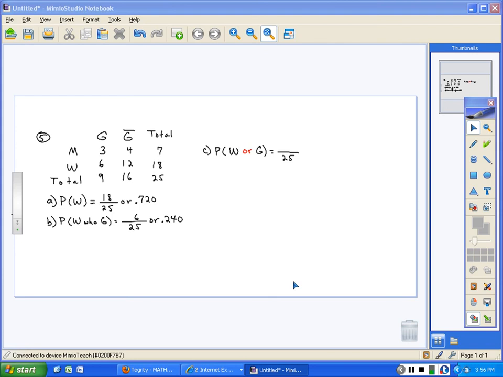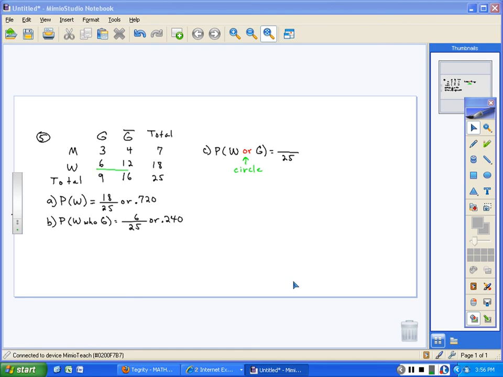For OR problems, I use what is called the circle method. I'm going to circle first all of the women, but I'm not going to circle the total because that would be double counting and you don't want to do that.